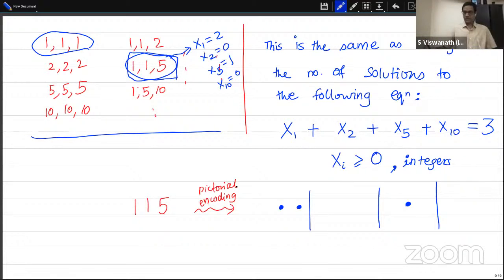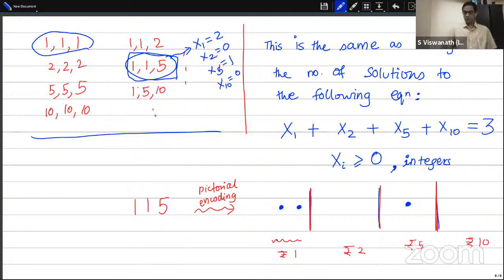First, there are 4 denominations, so let's draw vertical dividing lines, dividers. There are 3 dividers because there are 4 different categories. The first category will represent the number of 1 rupee coins that you pick, this is the number of 2 rupee coins, this is the number of 5 rupee coins, and this is the number of 10 rupee coins.